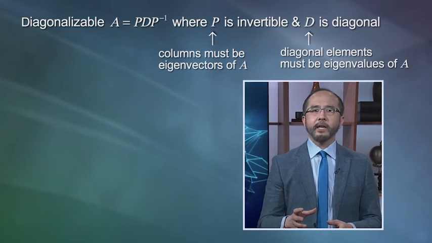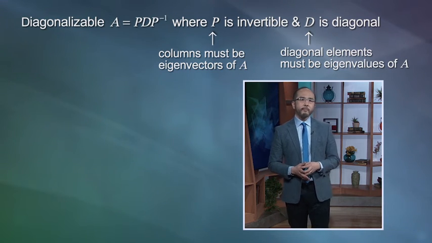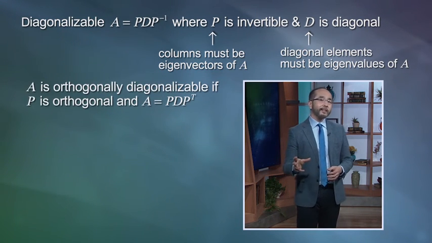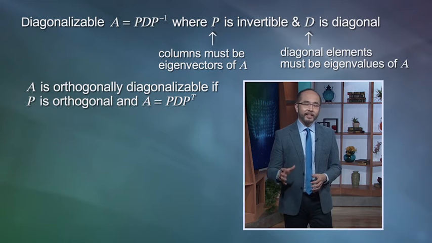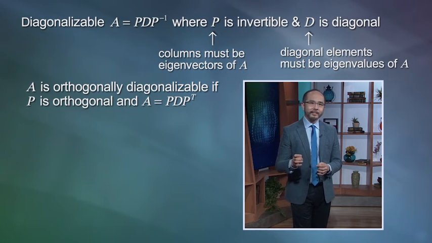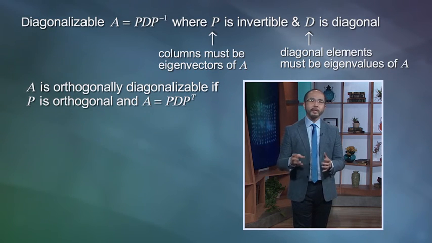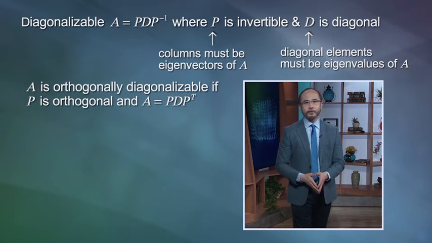So let's define a stronger concept. We'll say a matrix A is orthogonally diagonalizable. That's a mouthful, isn't it? If, in addition, P is required to be orthogonal, so that A equals P D P transpose.